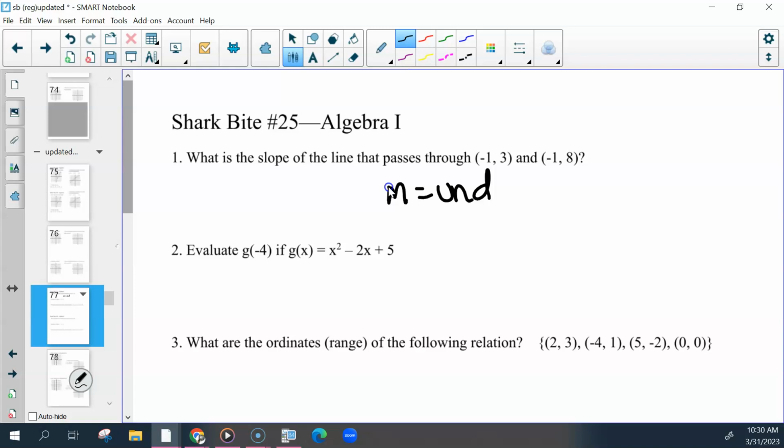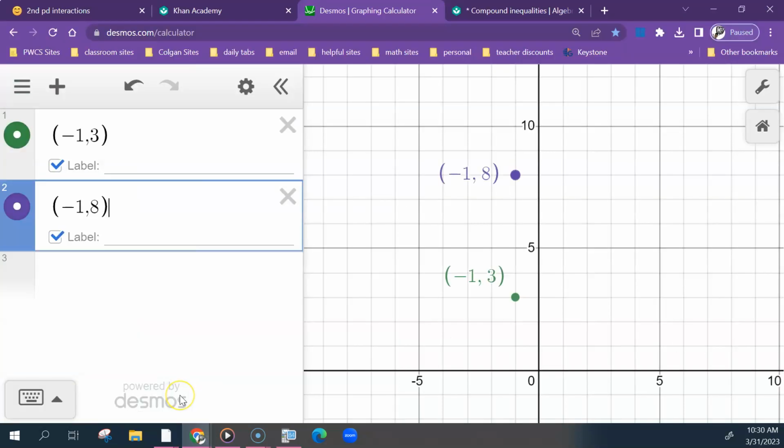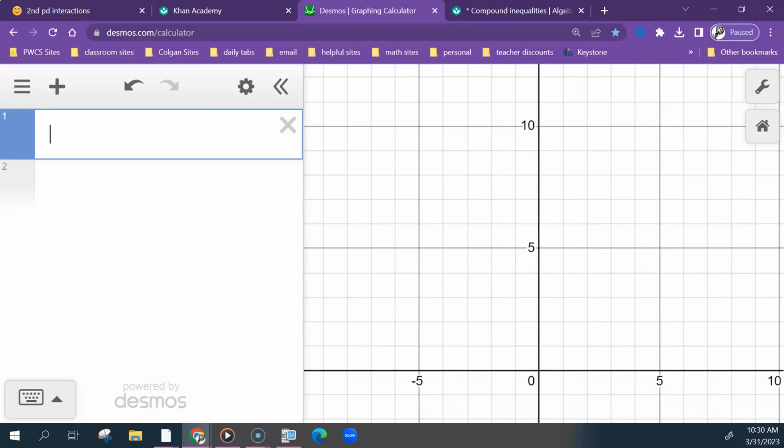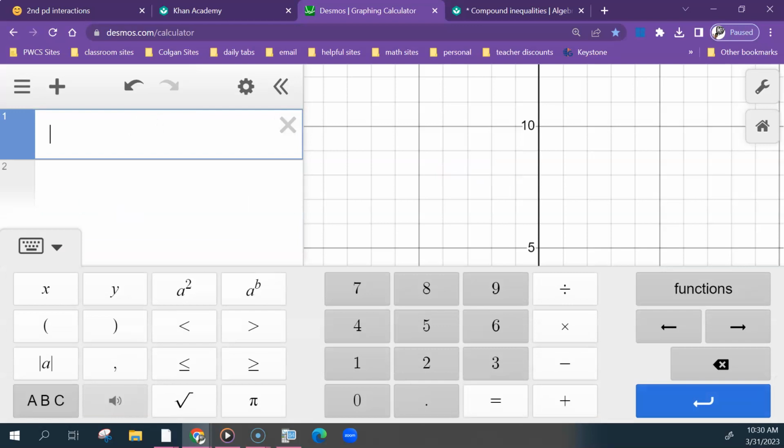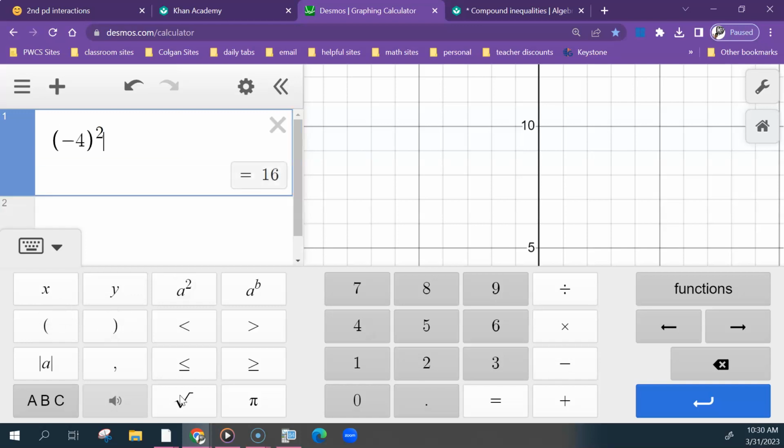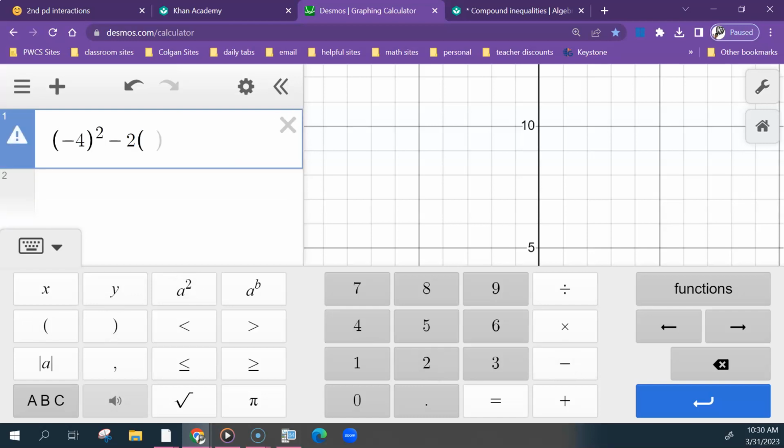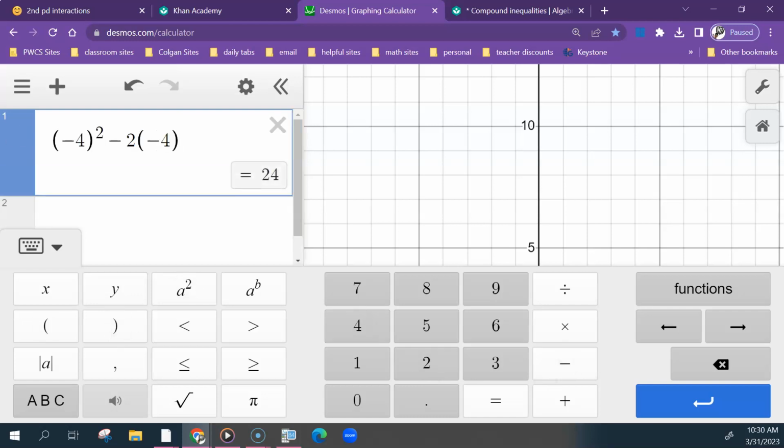2 can also be done in Desmos. And that one says g of -4, so that's your x value. So if I put -4 in for all of your x's, -4 squared minus 2. Use parentheses, if you didn't, your answer is going to change.